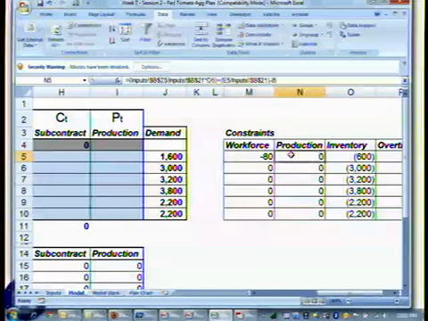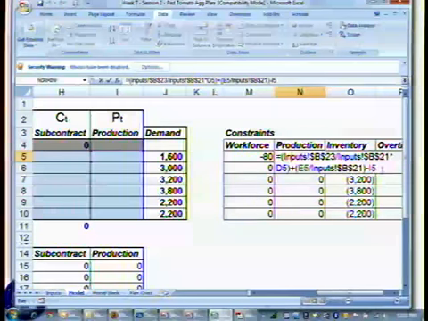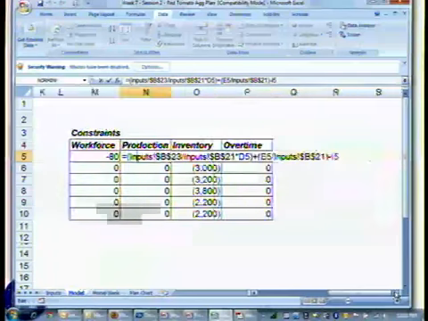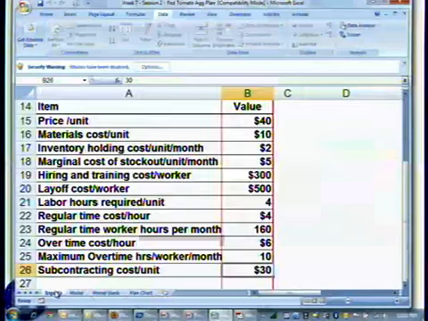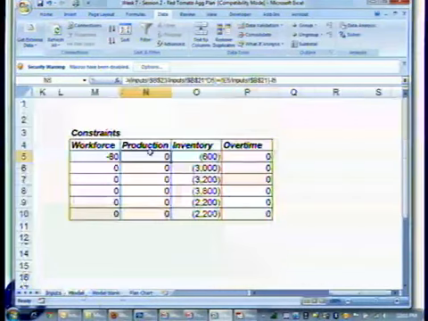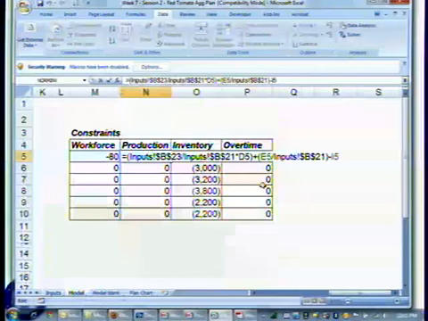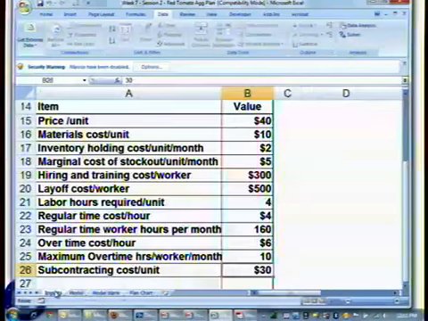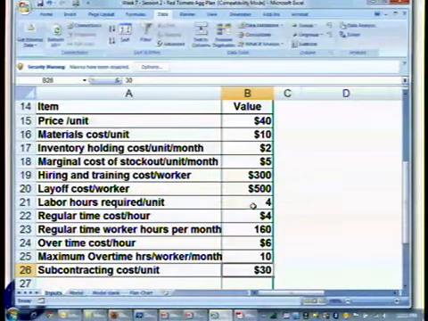Now the production example that I just went through, kind of a long equation here. We take the inputs B23, which is the regular time worker hours per month. We divide by the inputs B21, which is the labor hours required per month.